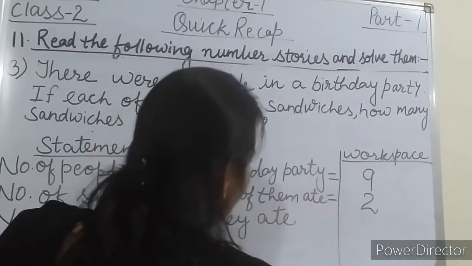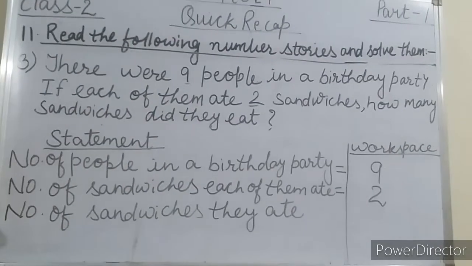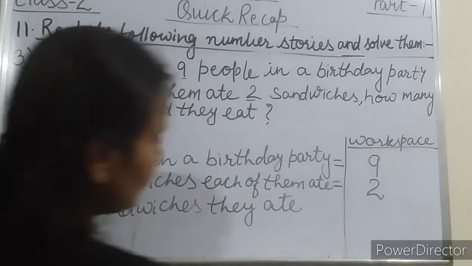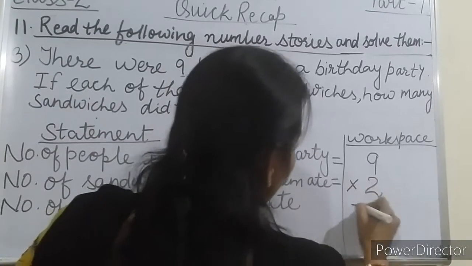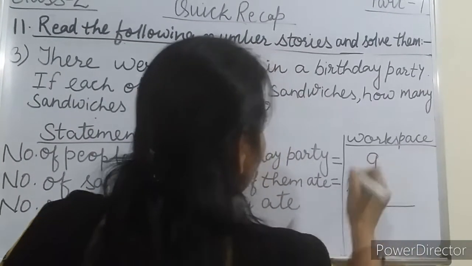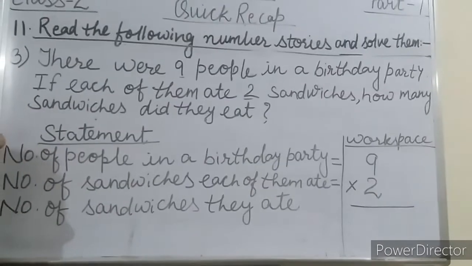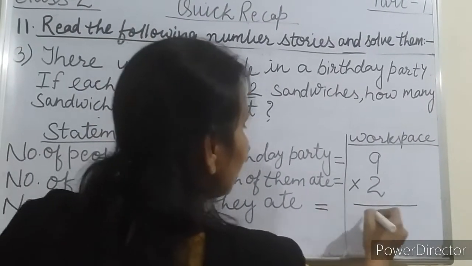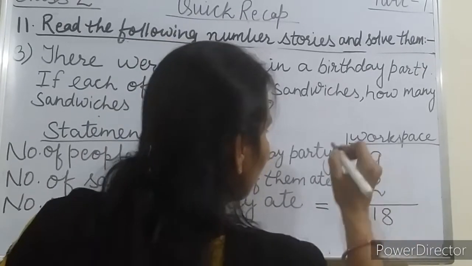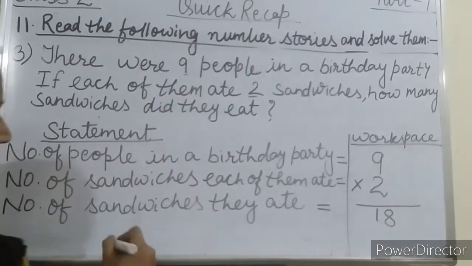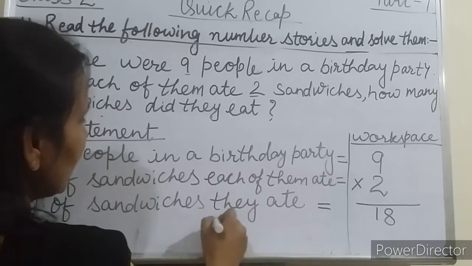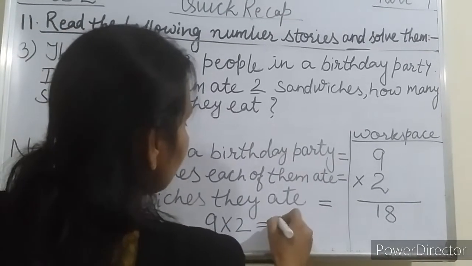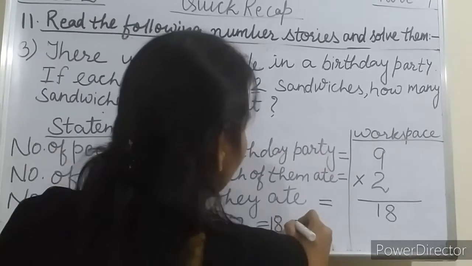So what do we have to do here? Again we have to multiply. So 2 9s are, tell me students. Yes, very good. 2 9s are 18. So how many sandwiches? 9 into 2 is equal to 18 sandwiches.